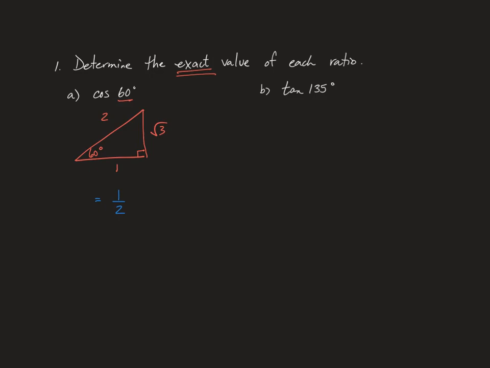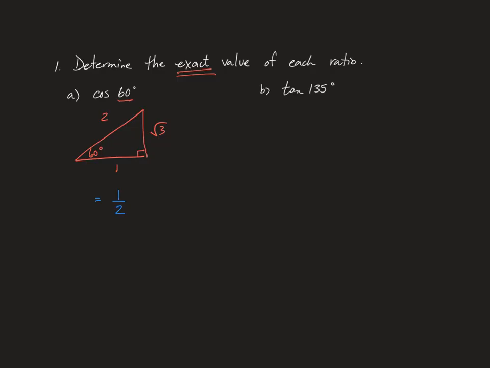Now, let's take a look at B, because problem B becomes a little more difficult. I actually want to backtrack and take a look at A, but in a slightly different way, so that we could come to a very universal way of coming up with the exact value of each trig ratio if we use rotation angles.